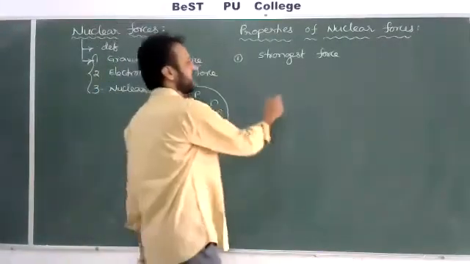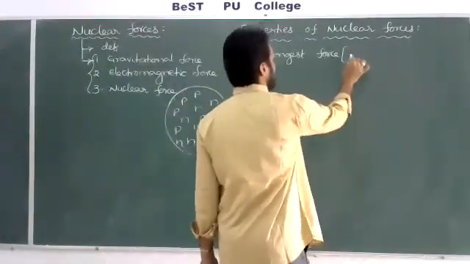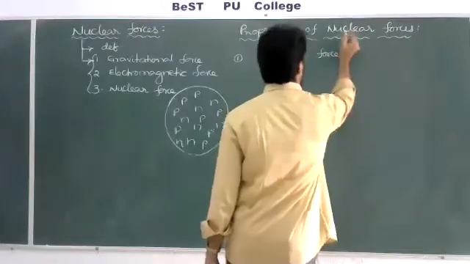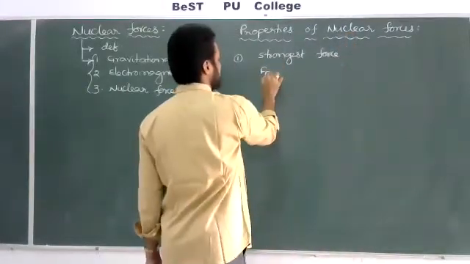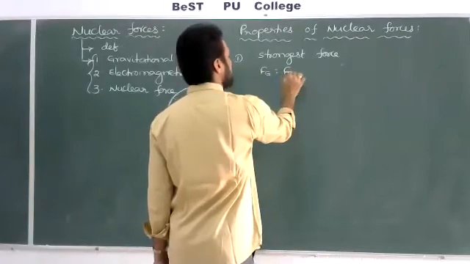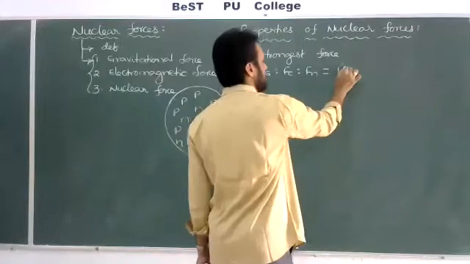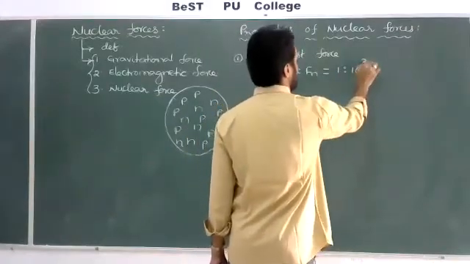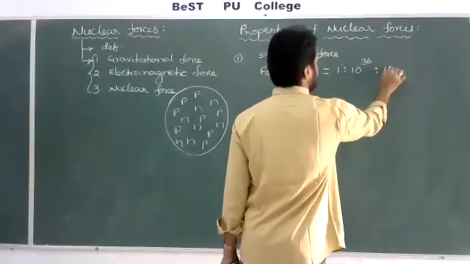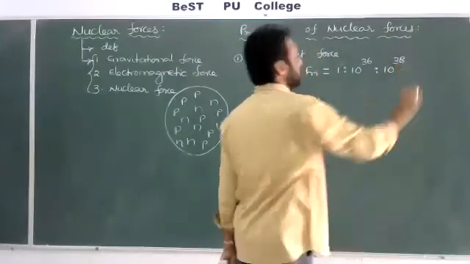If you compare the ratio, we can write F gravitational : F electromagnetic : F nuclear is equal to 1 : 10 to the power of 36 : 10 to the power of 38.